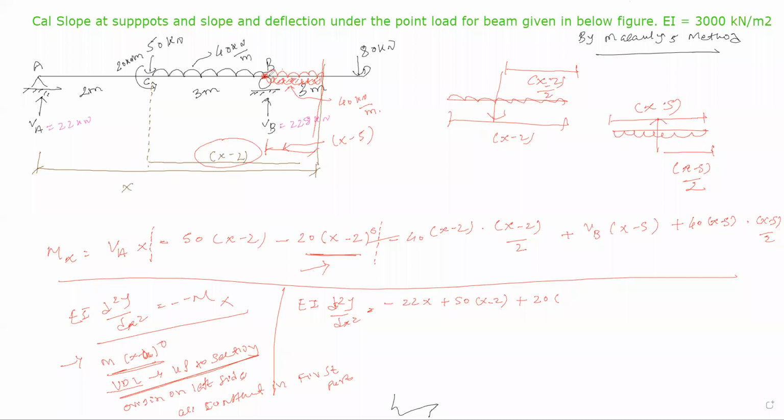That's the reason, to fulfill the assumption of Macaulay's method, we have extended the uniformly distributed load up to the section. Now it is clear. Please confirm. If I am extending the uniformly distributed load to those sections, I need to remove this uniformly distributed load from the extended UDL. So ultimately, can I say that logically I don't add any uniformly distributed load? Please confirm. Is it clear or not?